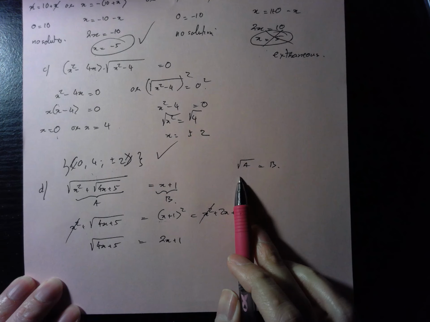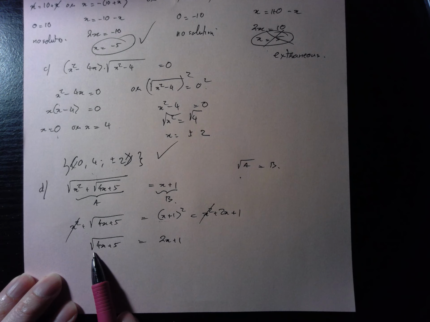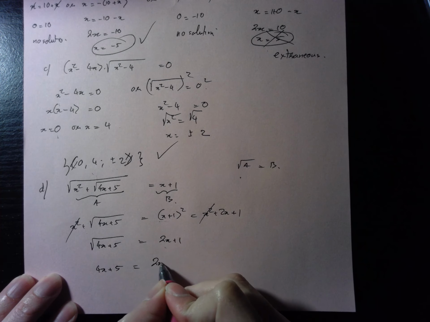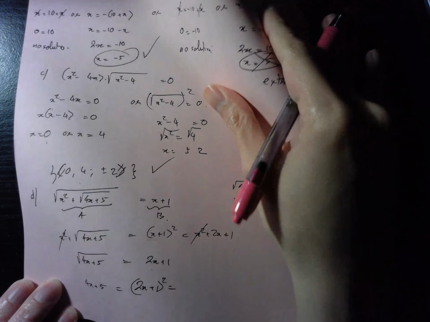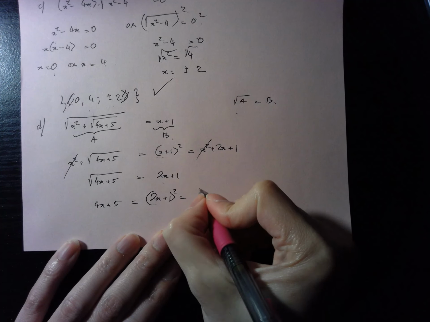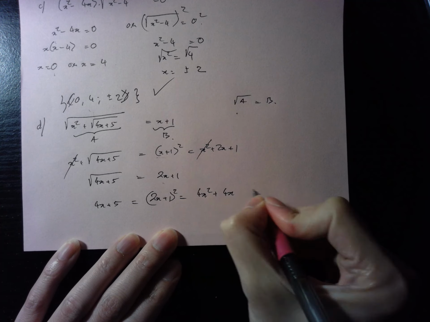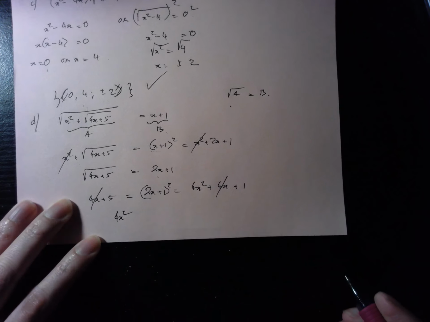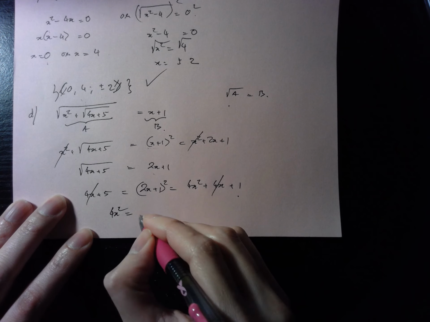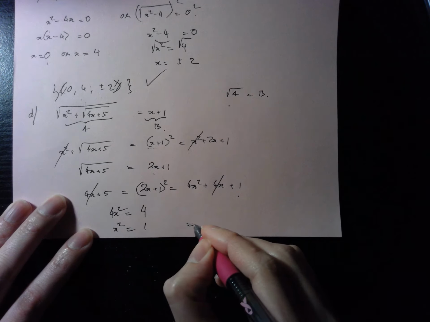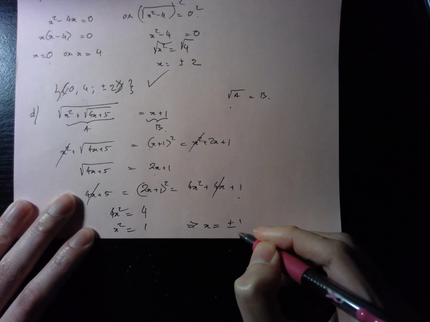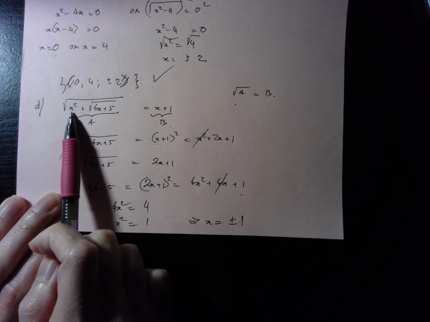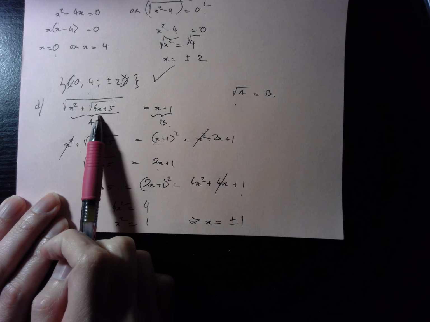And you apply the formula one more time because you have the radical of a over b. So you square it, which gives 2x plus 1 squared. And you expand this, which gives 4x squared plus 4x plus 1, and this 4x cancels out, so you have 4x squared. Subtract both sides by 1 equals 4, so x squared equals 1, so x equals plus minus 1. Okay, and you plug it in. You plug 1 in.